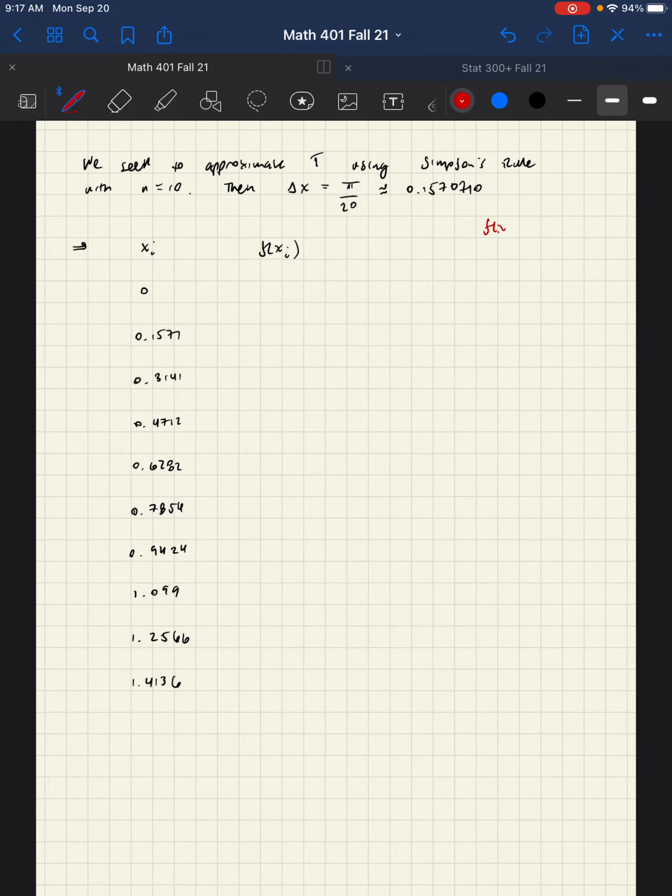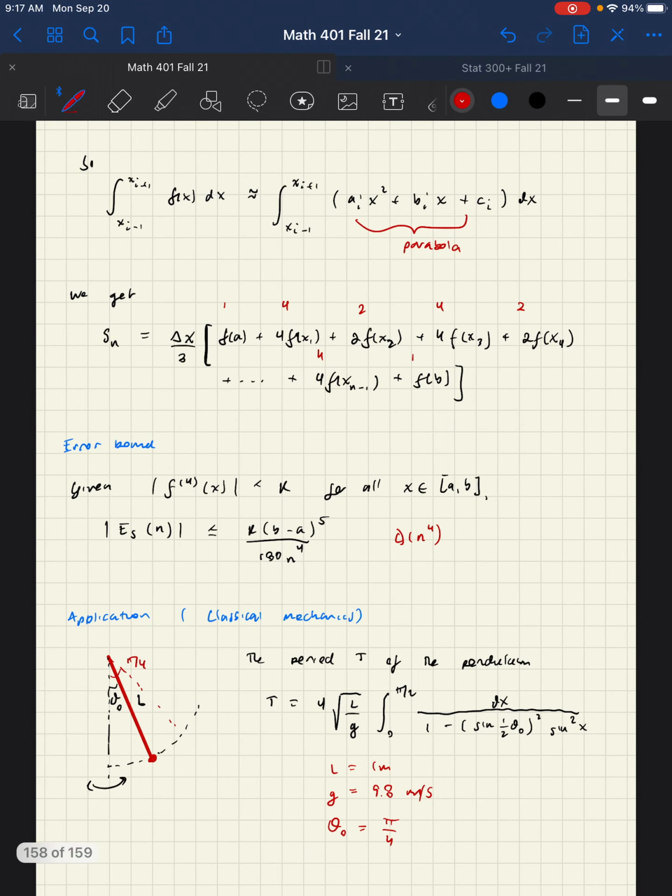My f of x sub i values. In this case, f of x is the integrand, right? So 1 over 1 minus 0.146447 sine squared of x. Where did I get that 0.146447?